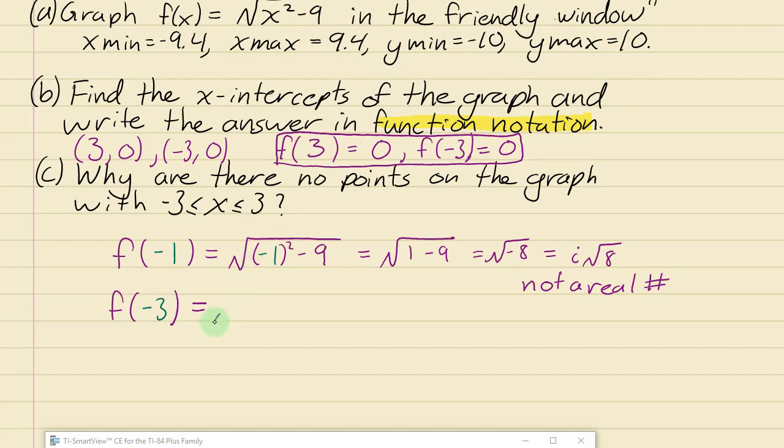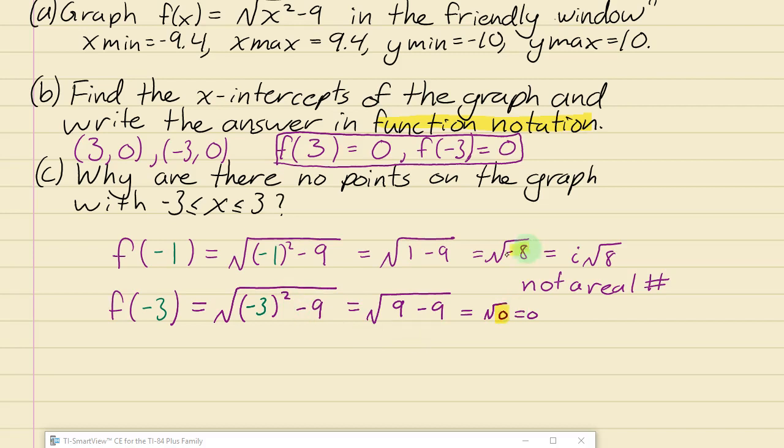Well, we know what's going to happen when we do f of negative 3: we get 0. Let's see why, just using the formula this time, looking at it from a different perspective than the graph. You get negative 3 squared minus 9, and negative 3 squared is 9, so 9 minus 9 gives you the square root of 0, which is just 0. If you plug in 3 or something greater than 3, or negative 3 or something less than negative 3, you end up taking a square root of 0 or a positive number, which you're allowed to do.